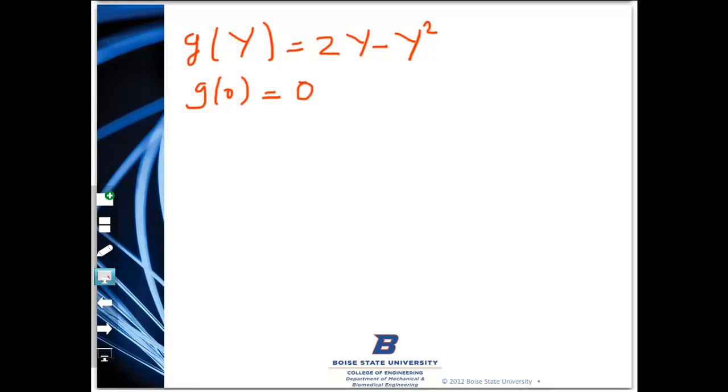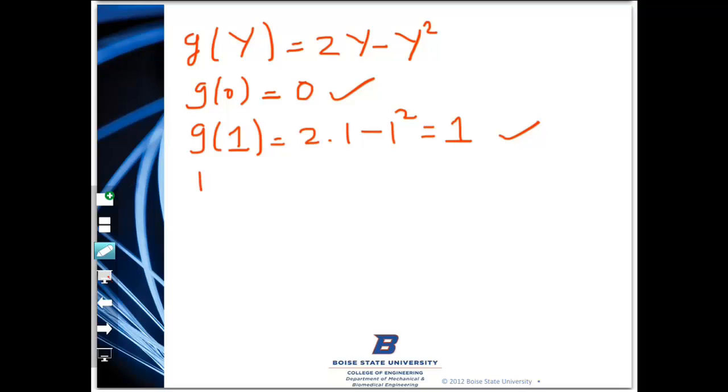For the no slip condition, g of 0 is 0, which is satisfied, and also g of 1 should be 1. You can see that when you substitute big Y as 1, you get 1. So both of these check.